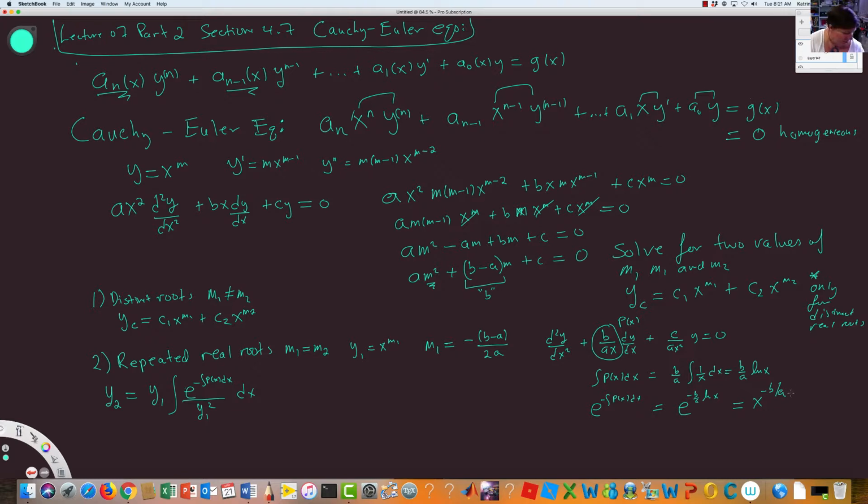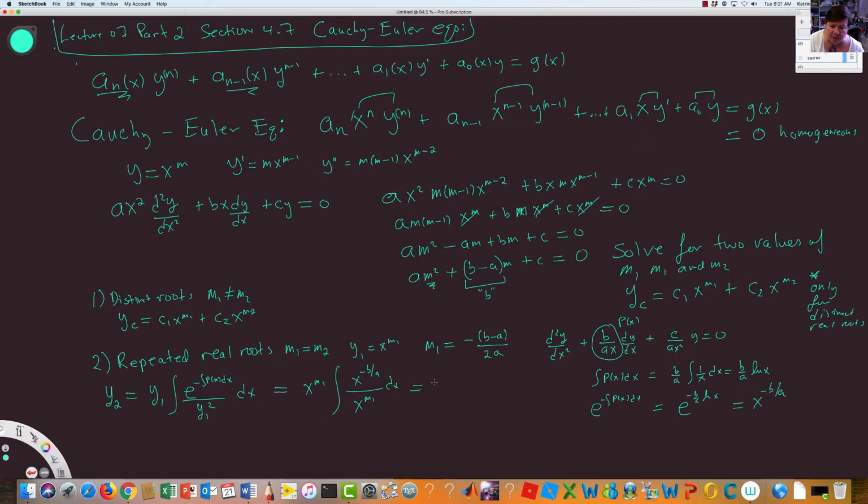All right. So that becomes what this whole thing here is. So I'm now going to substitute in. I have y1, which is x to the m1, and then I have the integral of x to the minus b over a, over x to the m1, dx. But remember what m1 is, so I'm going to put that in.